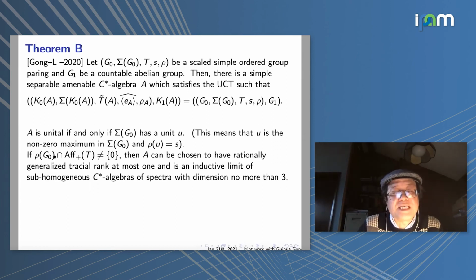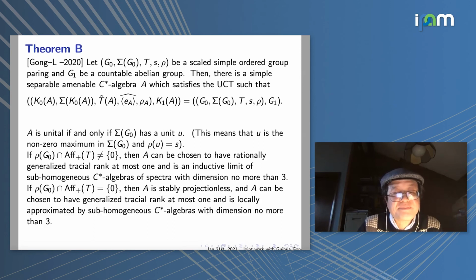If it has some positive pairing, then A can be chosen to have rationally tracial or generalized tracial rank at most 1 and be an inductive limit of subhomogeneous C-star algebras. If there's nothing positive, then A can be constructed as stably projectionless, with generalized tracial rank at most 1, and locally approximated by subhomogeneous algebras with dimension no more than 3.